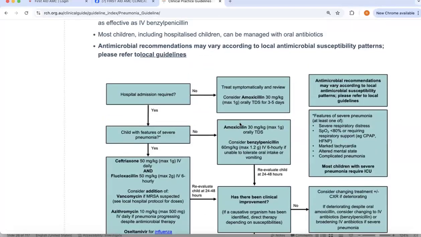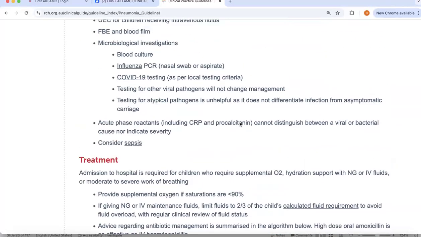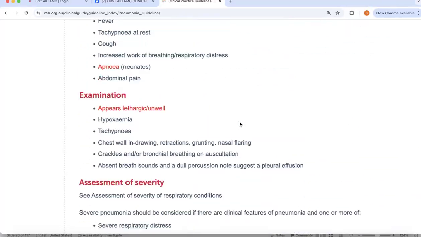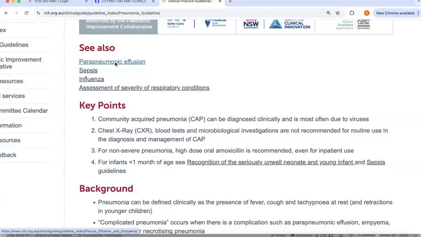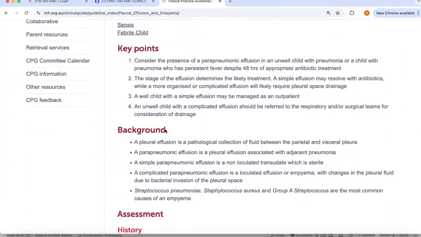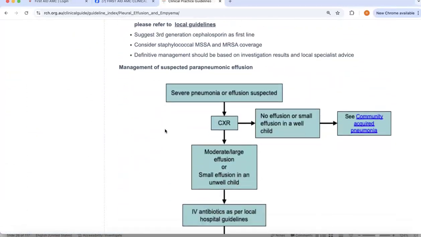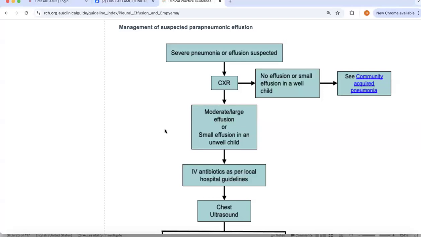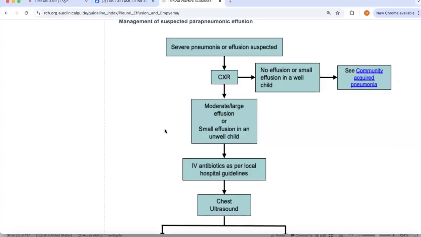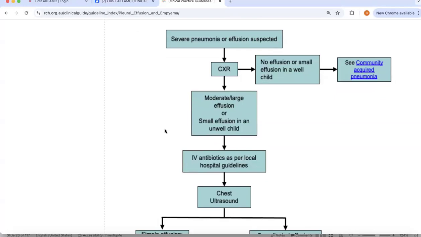So if a patient with a known pneumonia on an oral antibiotic suddenly deteriorates, in that patient, you have to think of complicated pneumonia, and mainly parapneumonic effusion should be our first thing that comes to mind. So if a pneumonia patient suddenly gets worse or the antibiotic is not working, then think, well, what if the child has developed a parapneumonic effusion?